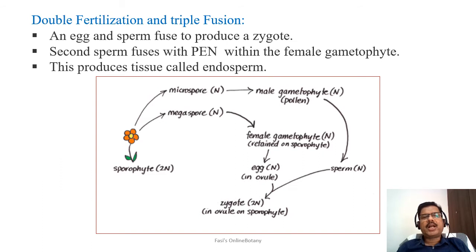During double fertilization and triple fusion, an egg and sperm fuse to produce a zygote. The second sperm fuses with the primary endosperm nucleus within the female gametophyte, and this produces a tissue called endosperm.